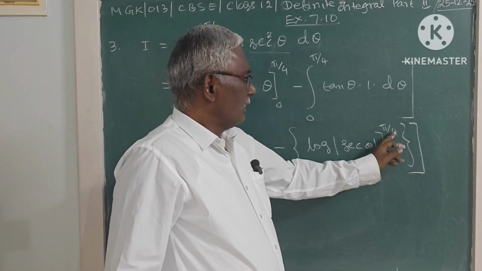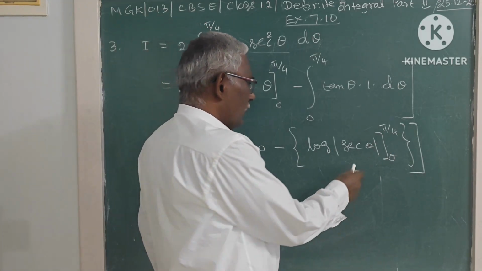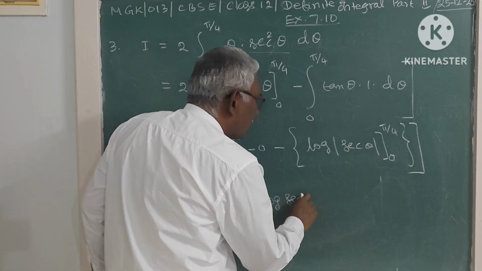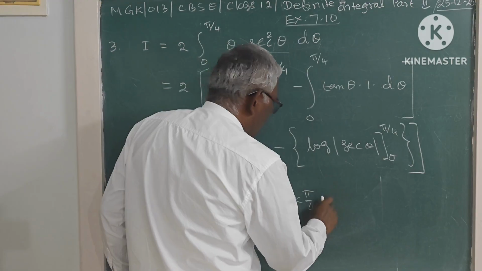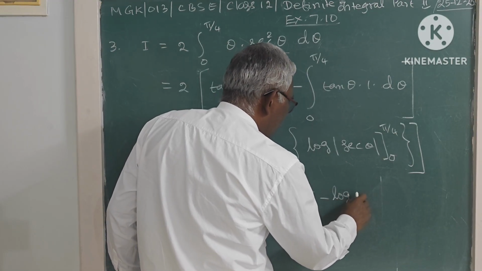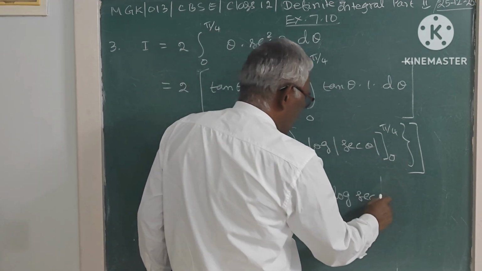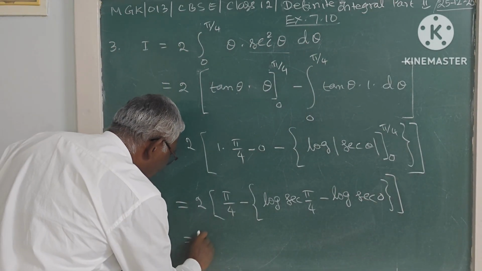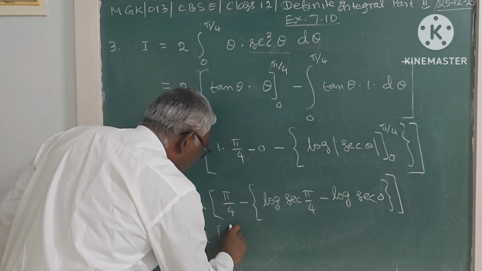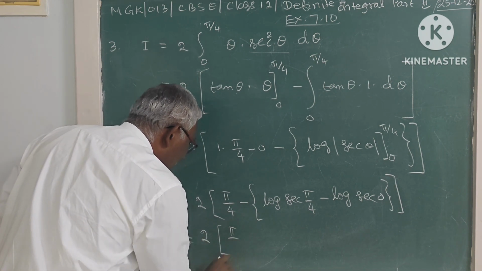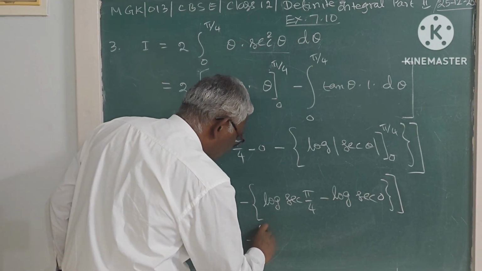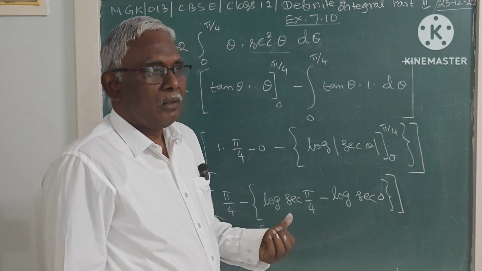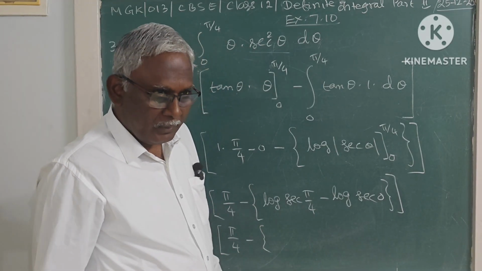For theta, substitute 45 degrees, secant 45 degrees. So log of secant pi by 4 minus log of secant 0. So this is nothing but 2 times pi by 4 minus, cos 45 is 1 by root 2. So secant 45 is root 2.